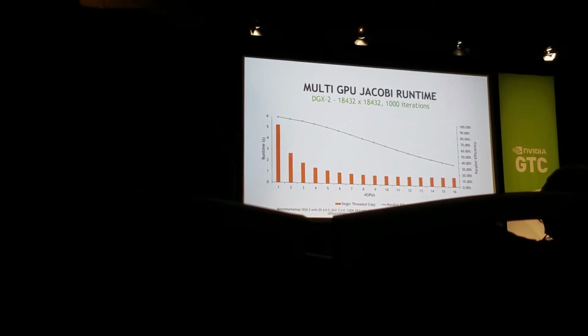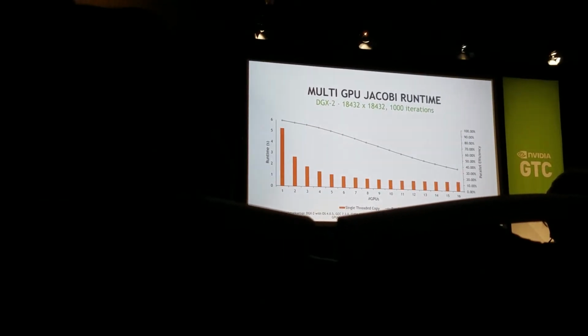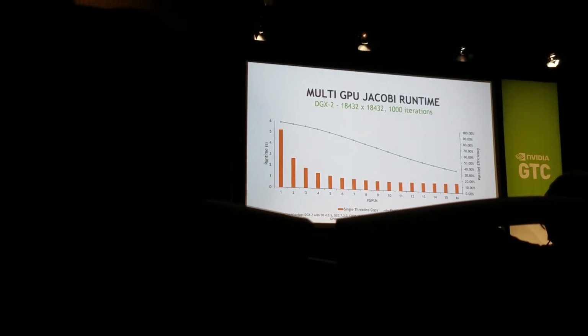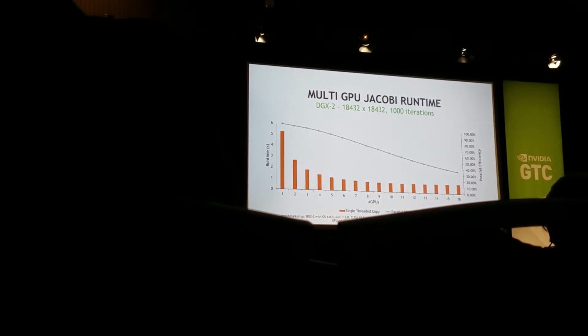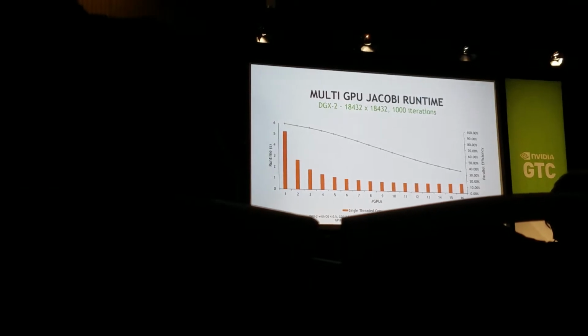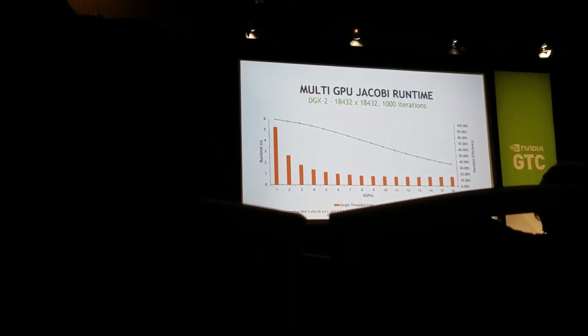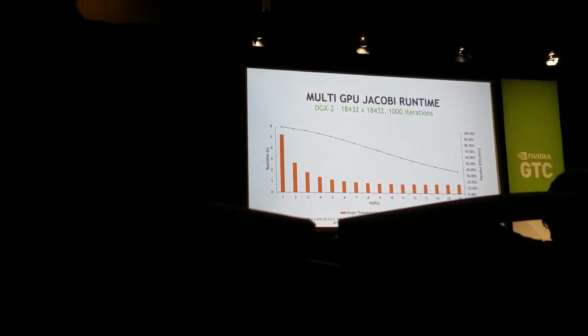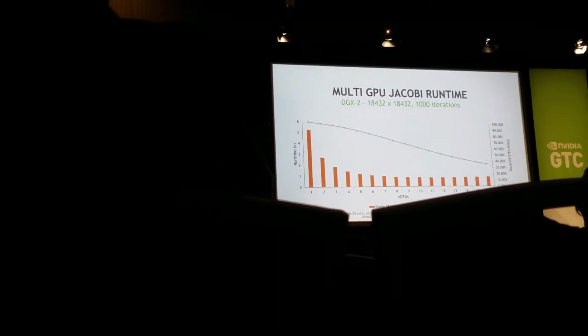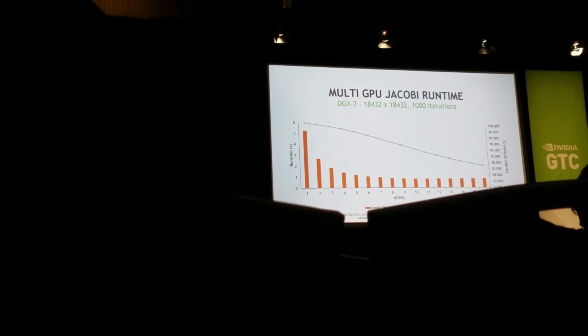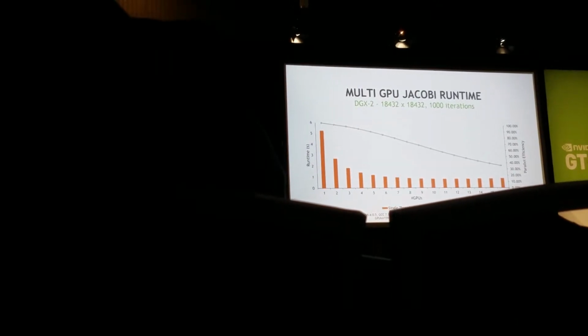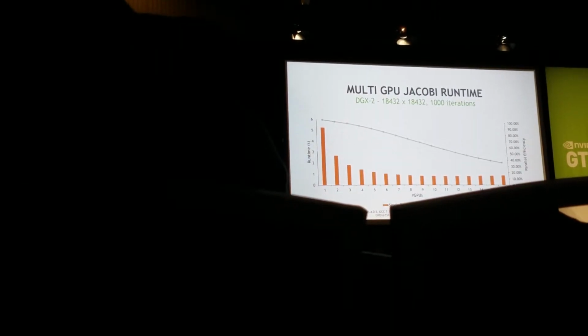So, first result with a single-threaded multi-GPU version. Adding GPUs, we see that runtime gets slower, but it quickly levels out, and our parallel efficiency at 16 GPUs is quite poor at only 36%. On every slide where I present numbers, the benchmark setup is given at the bottom.